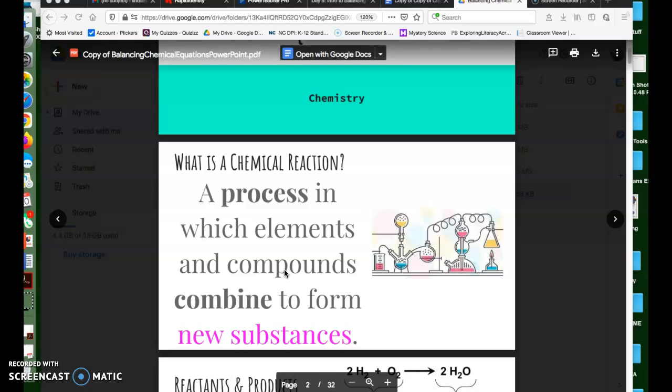Physical changes do not change the composition of whatever I'm altering. Chemical changes do. Generally, when a chemical change happens, a chemical reaction happens, and we form a new substance. Like when I take hydrogen and oxygen and bond them together, then I've got a new substance. I've got water because I have a new bond being formed.